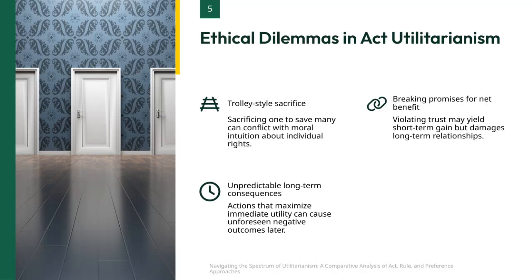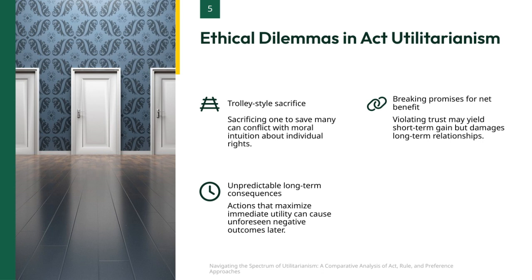When we look at ethical dilemmas in act utilitarianism, there are 3 key points to consider. First, the trolley-style sacrifice. This concept involves sacrificing one individual to save many, which can deeply conflict with our moral intuition about the rights of individuals. It raises questions about whether the ends truly justify the means. Second, breaking promises for net benefit highlights the tension between short-term gains and long-term trust.